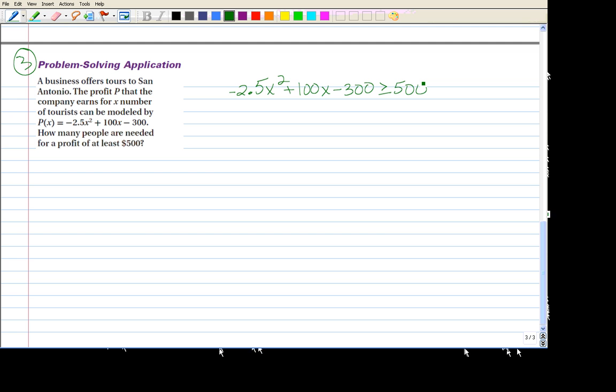So just like we did before, let's put this into an equation and solve. So I'm going to make this inequality an equal sign. Now I want this equal to 0, so I'm going to subtract the 500.